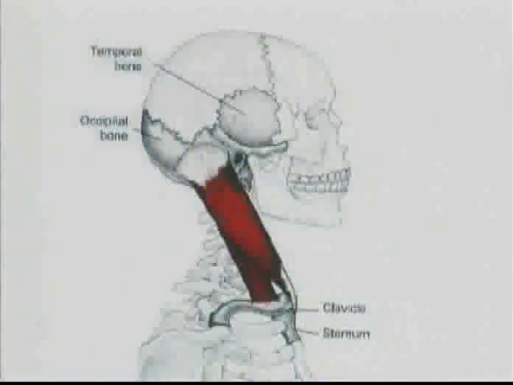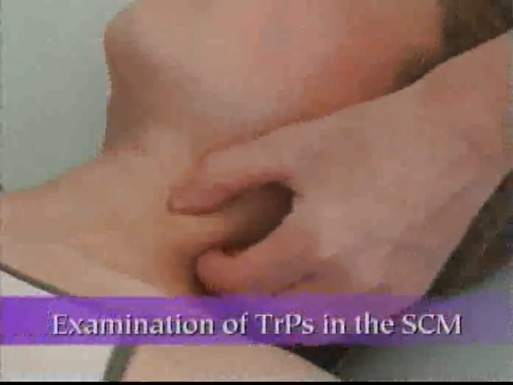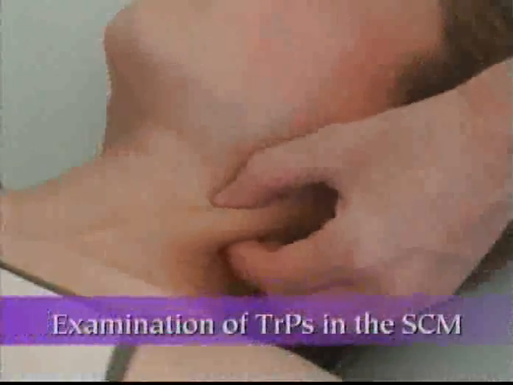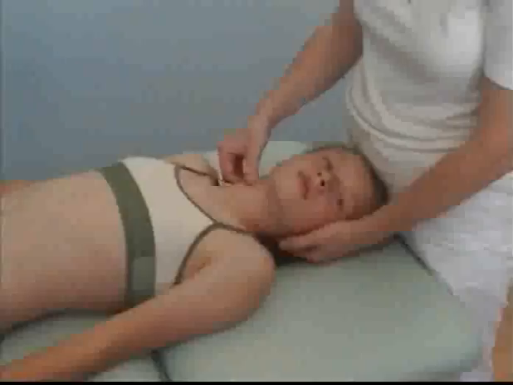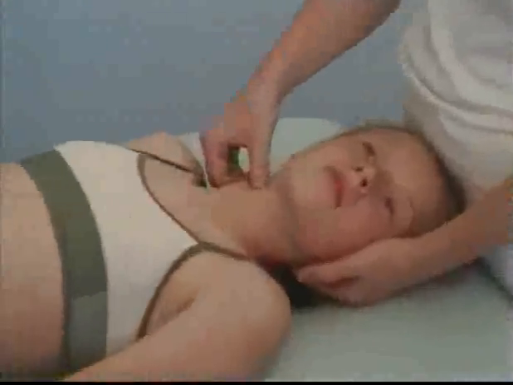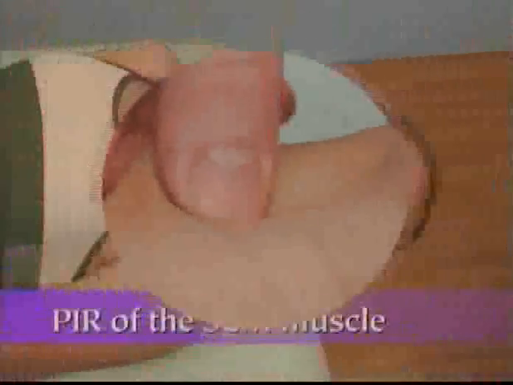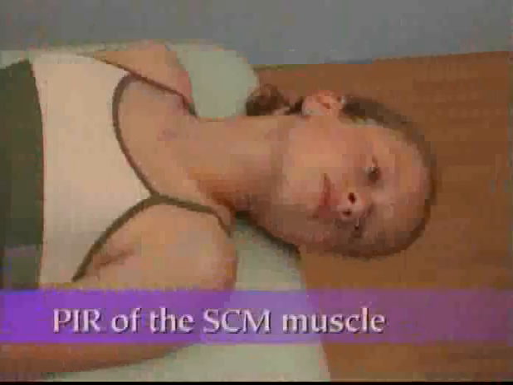Trigger points in the sternocleidomastoid are examined by pincer movement. If there are trigger points in the SCM, the same technique is used for relaxation as for side bending self-mobilization of the occiput against the atlas. The patient looks towards his forehead and breathes in and holds his breath.